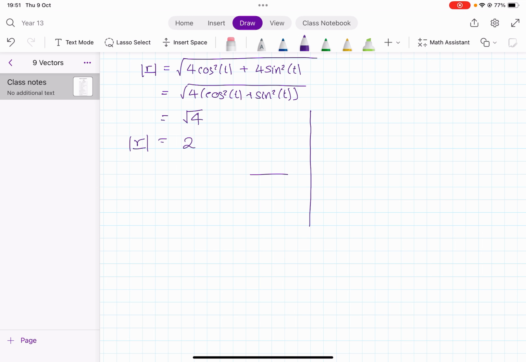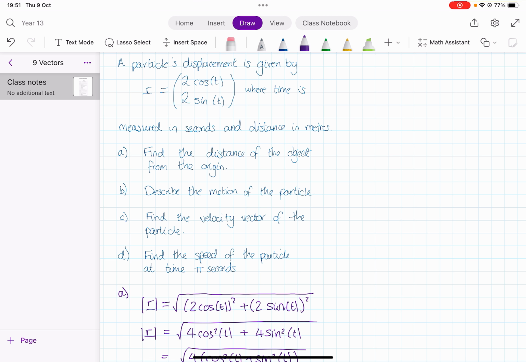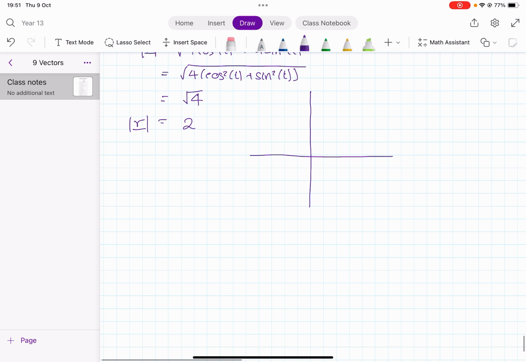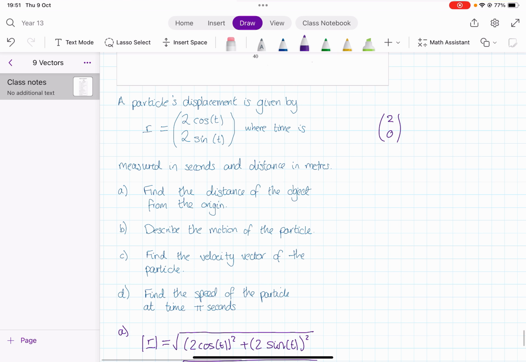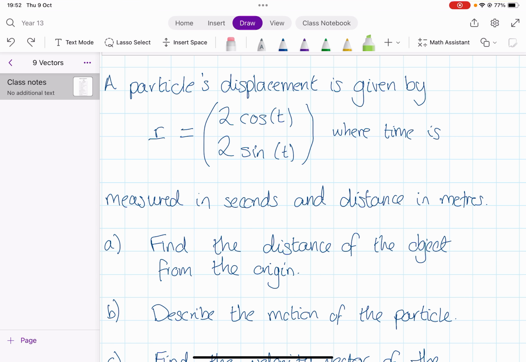I'm going to draw some axes now. When t is 0, if I substituted t as 0 in, I would get the vector 2, 0. So I'm going to say 2, 0 is over here. As t increases, the x component is going to get smaller, and the y component is going to get bigger, until we get to a point where, let's go to the time when t is pi by 2.